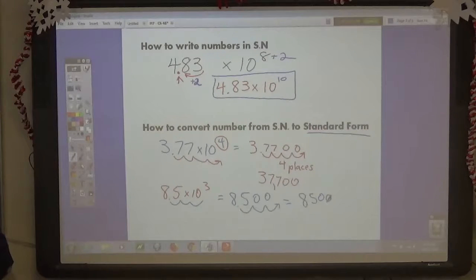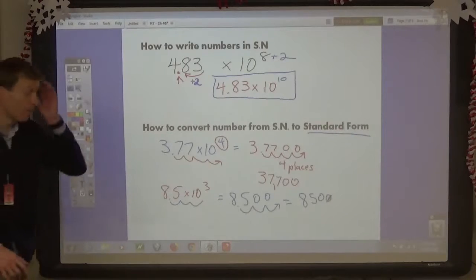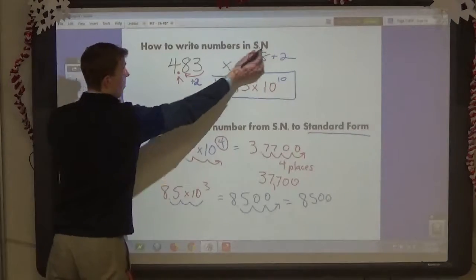Skip to number 5. Pluto is about 3,653,000,000 miles from the sun. How would we write that in scientific notation?